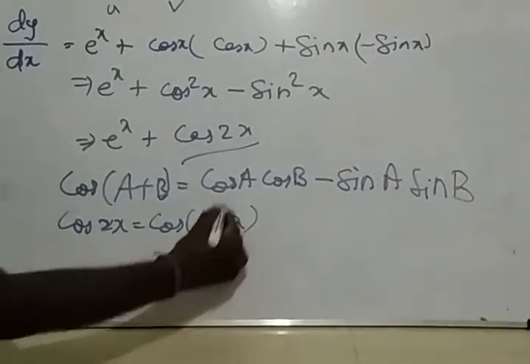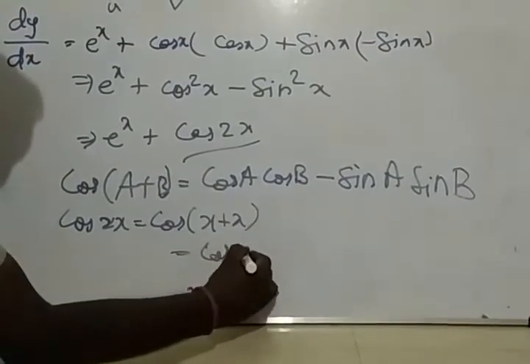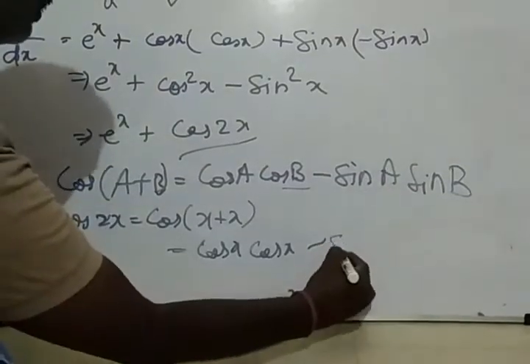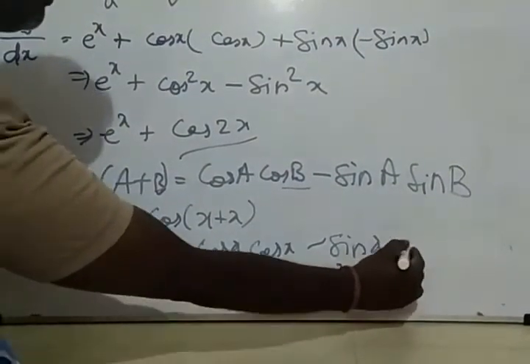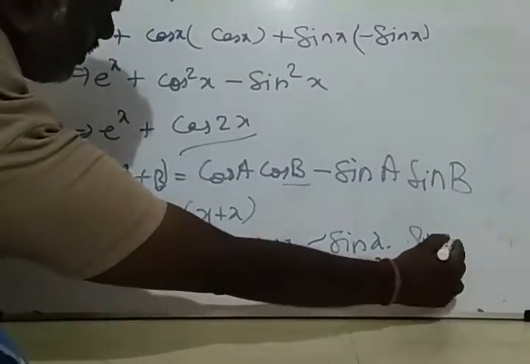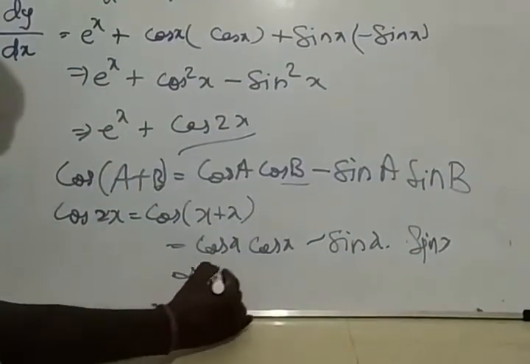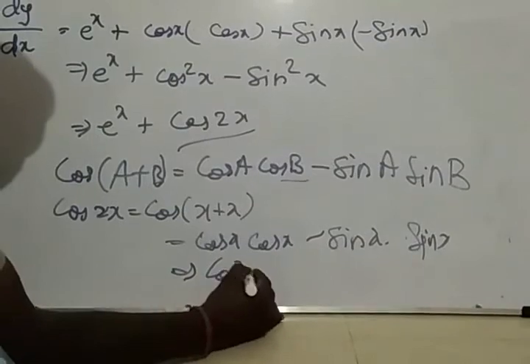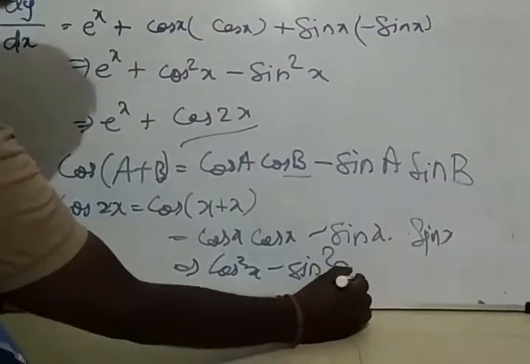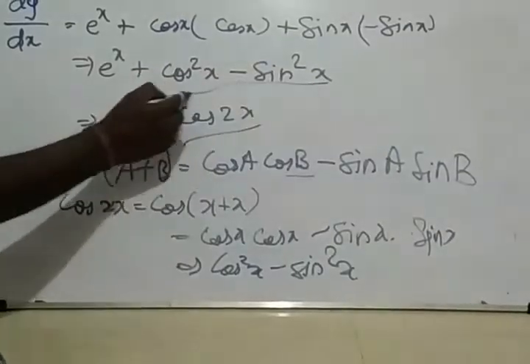So you apply this formula, you get cos x cos x minus sin x sin x, which is nothing but cos square x minus sin square x. So that is how we are using this formula.